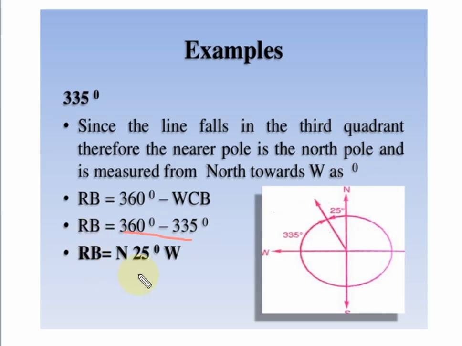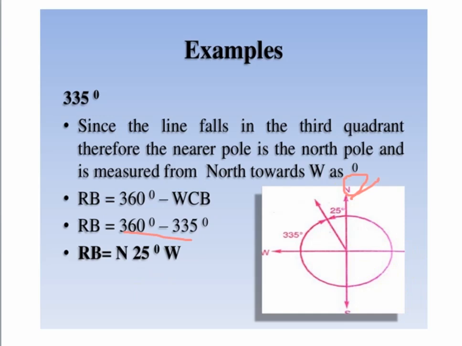You get the reduced bearing north west. So you must remember that you always have to note down the reduced bearing as either north or south, whichever is nearer to your survey line.